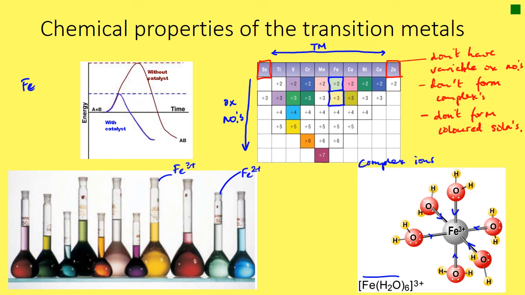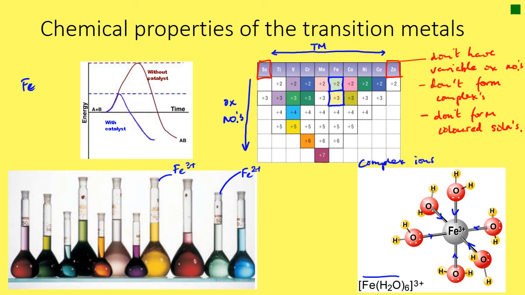Oxidation numbers. And so take iron, for example. Not only is it existing as +2 commonly, and also highlighted there is the color, that little pale green color, and our iron 3+ ion is a yellow color.